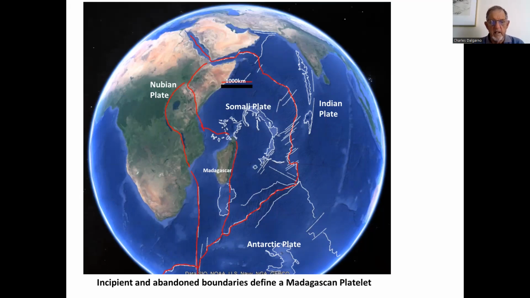Rather hidden and abandoned boundaries define a Madagascan platelet, which seems to be inactive today.